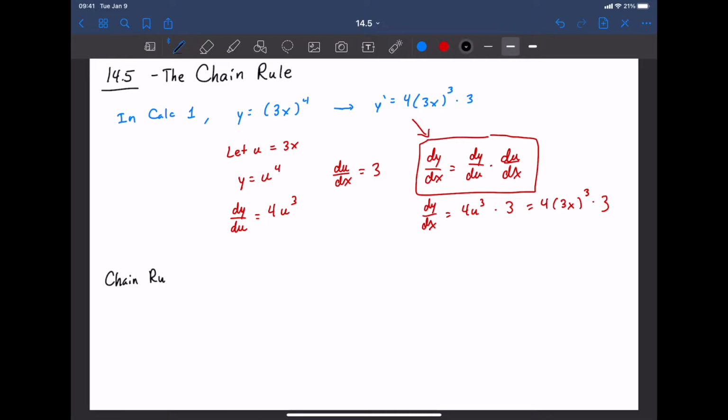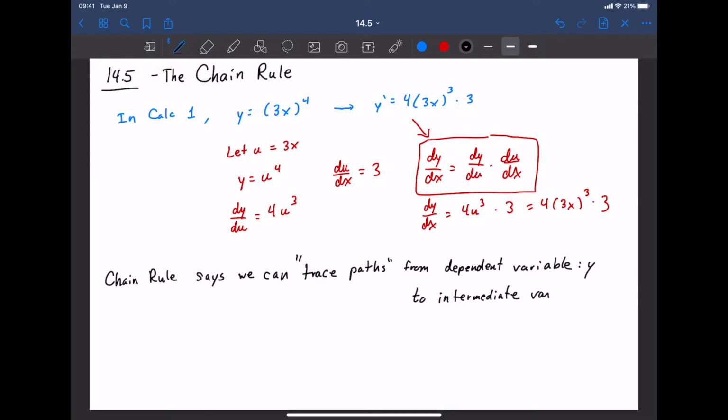The chain rule says we can, this is not supposed to be graphical, but I'm just saying trace paths from the dependent variable, which is y for our example, to an intermediate variable, which is our u, to the independent variable, which is x.